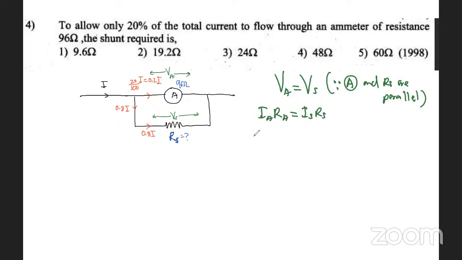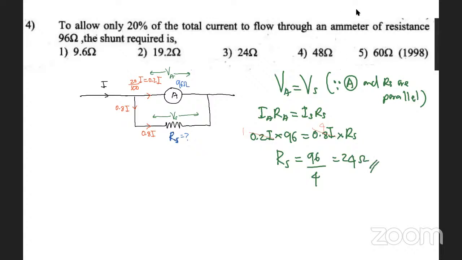IA is 0.2 I, RA is 96, IS, the current through the shunt, is 0.8 I, into RS. If you simplify this, you will get 4 here and 1 here. Therefore RS is 96 over 4. I'm getting 24 ohm. Anyone else who got 24 ohm?